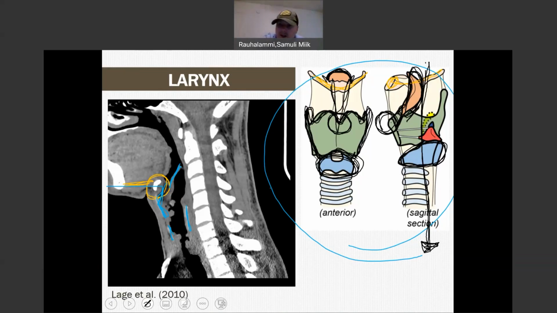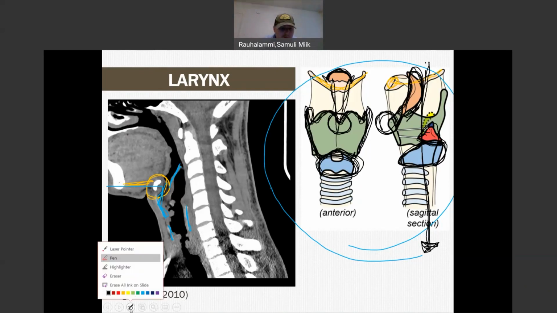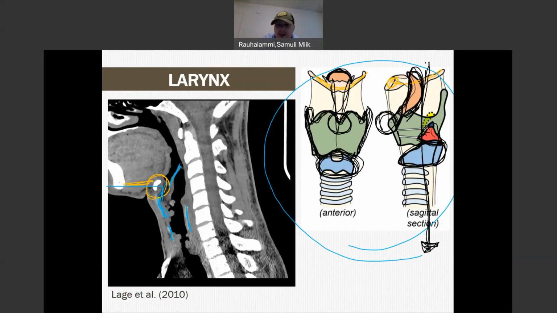We can also see our arytenoids. The arytenoid cartilages are these kind of pyramid-shaped structures, three-sided pyramids. There are two of those, one on each side, at the posterior point for the attachment of the vocal folds, and we can see the vocal folds quite nicely here.